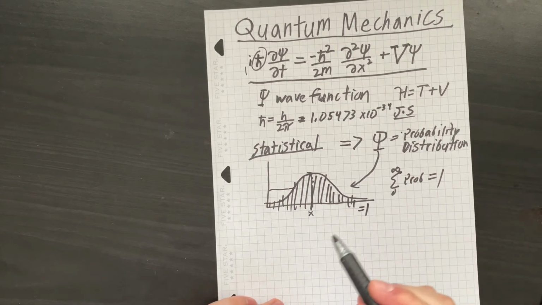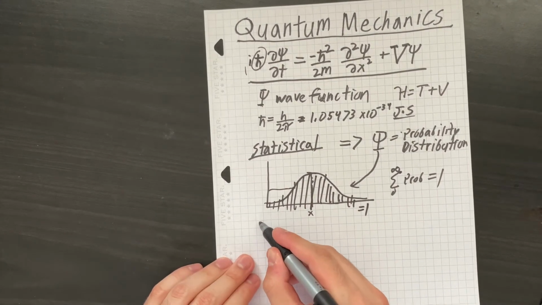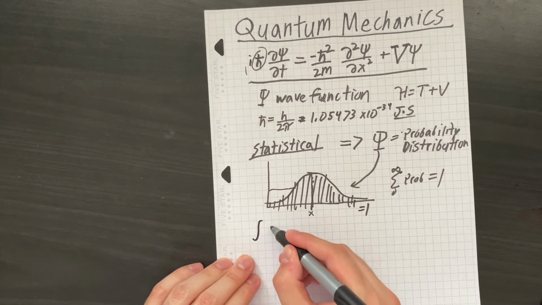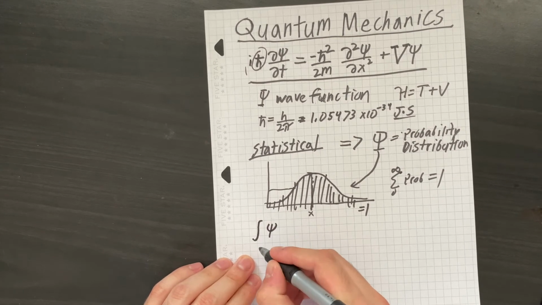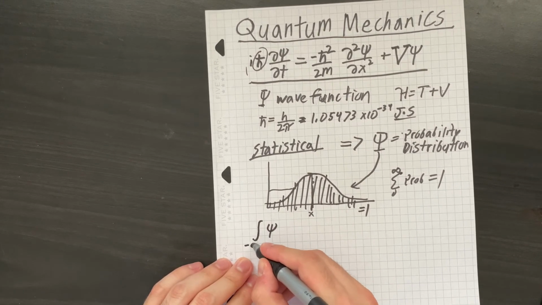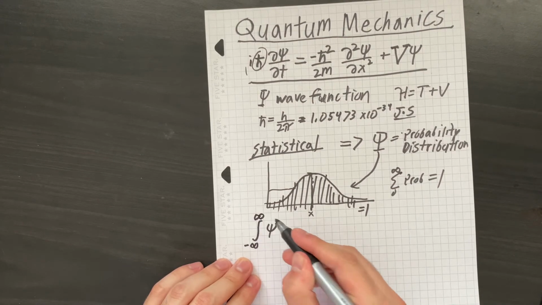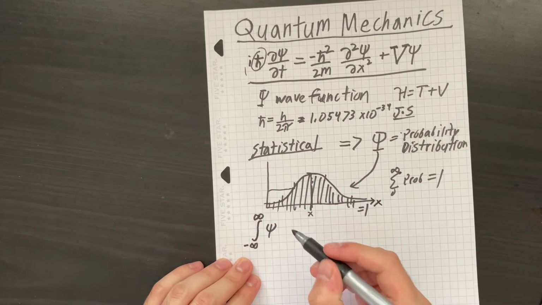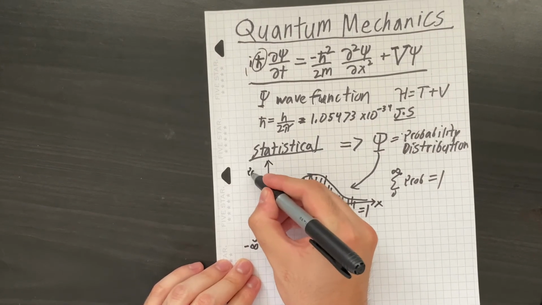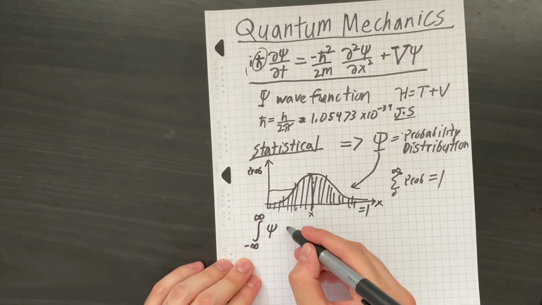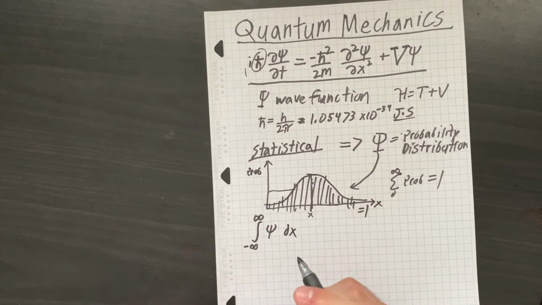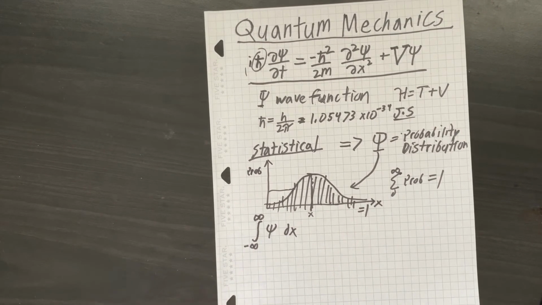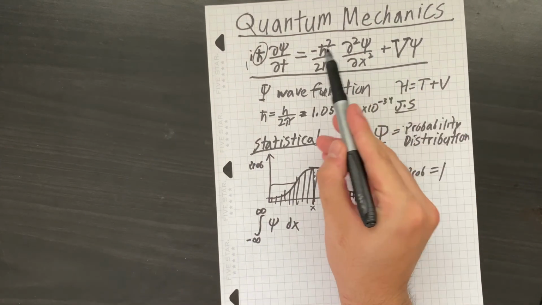So you can easily say that that is the integral of psi, and the limits are going to be from negative infinity to infinity. And let's just say our axis here is x, and this axis is probability, dx.